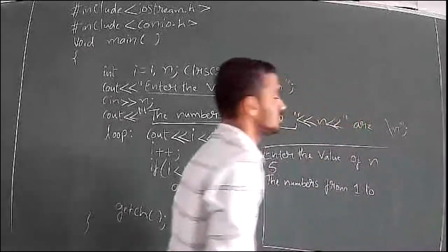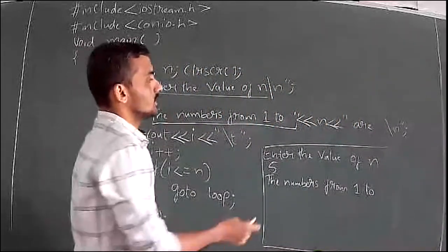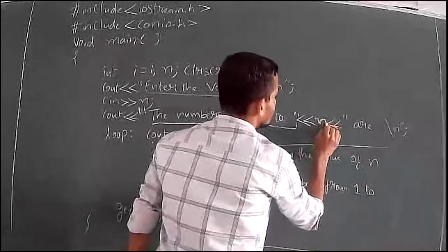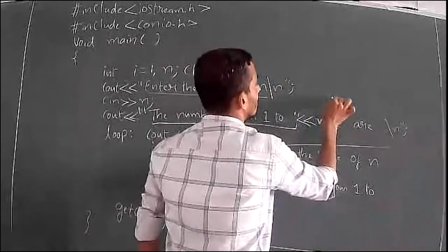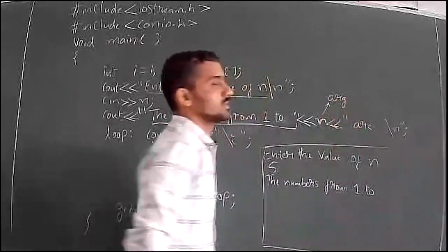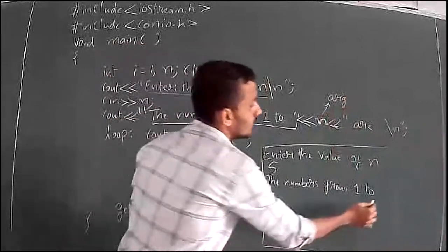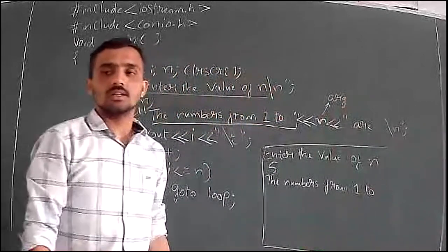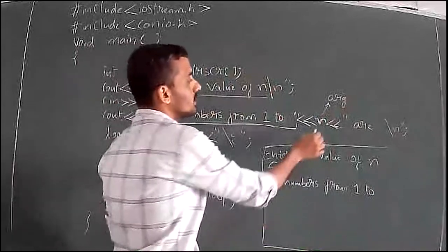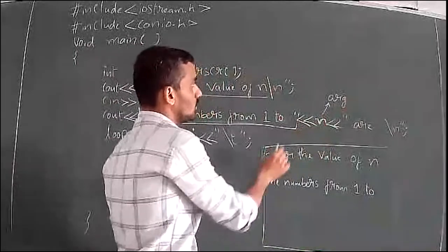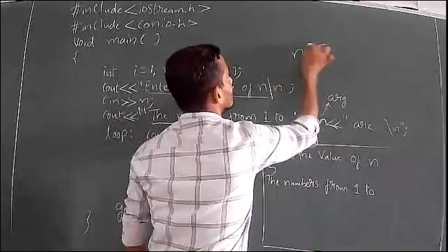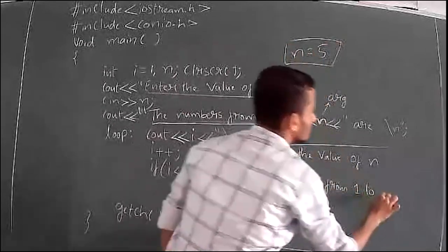Then you observe this variable n, which is called an argument in the printf statement. Here n will not print, that means the letter n is not printed. Instead, it will print the value of n. The value of n here is 5, so it prints 5.